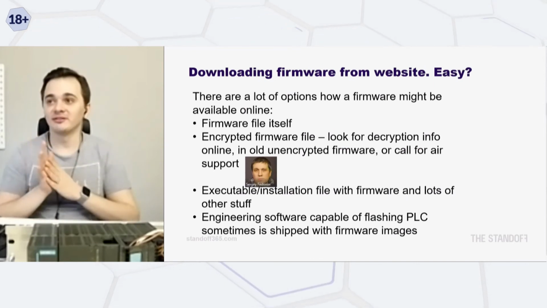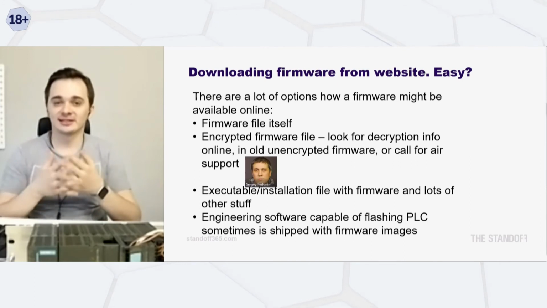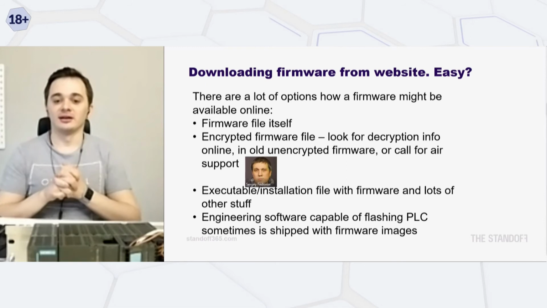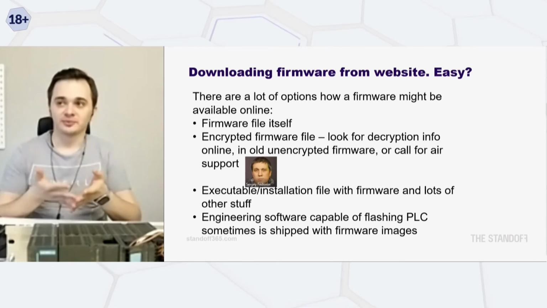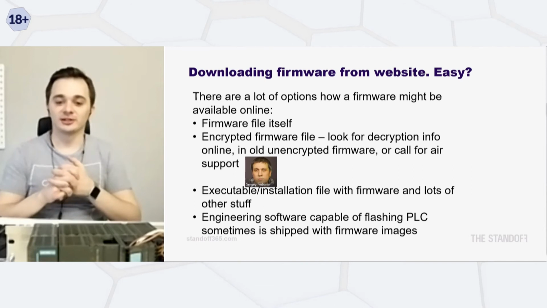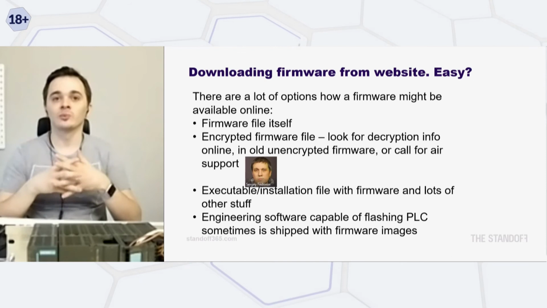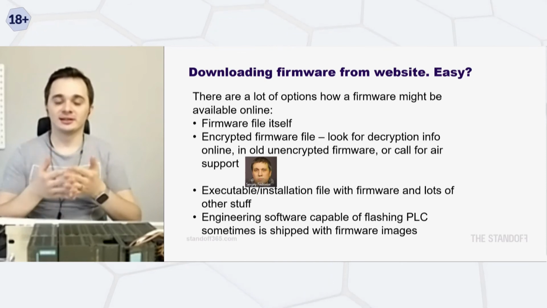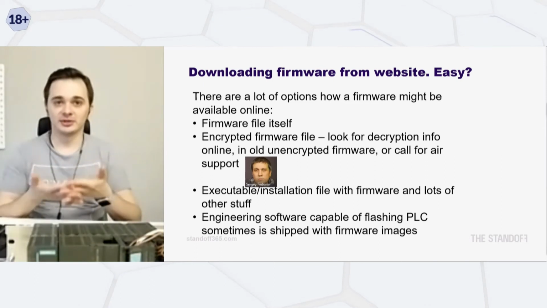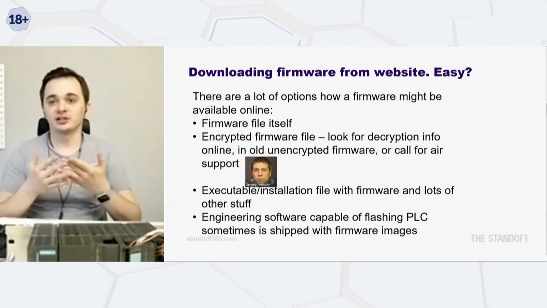Let's start with the most trivial option. That's downloading firmware from the website. You may think, come on, now, what's to discuss there? Well, yeah, sure, sometimes it's enough to just download the firmware from the website, and you can analyze it immediately, but that's not always possible.